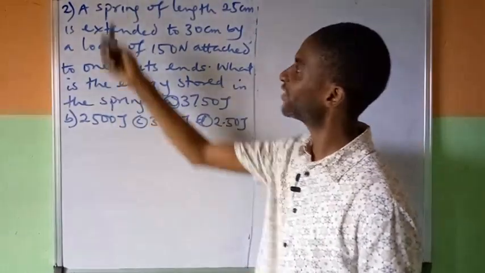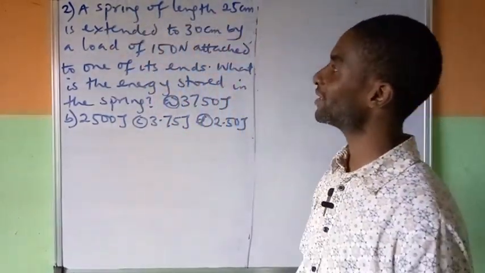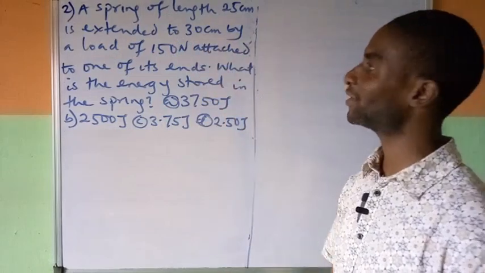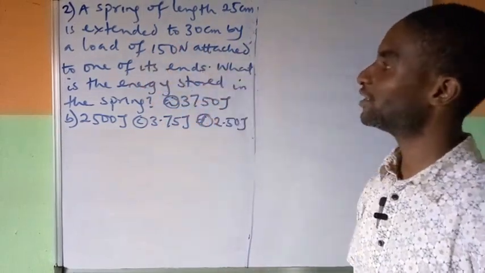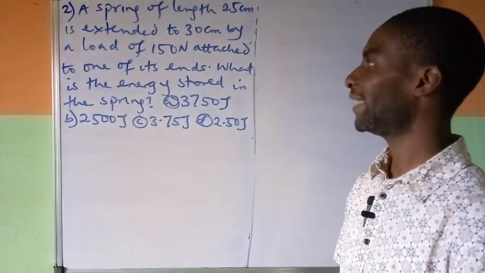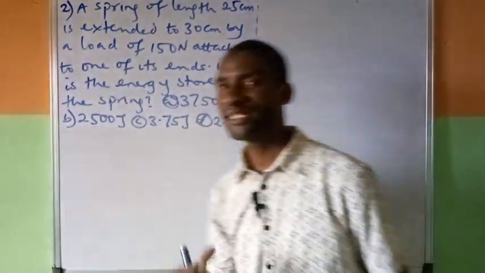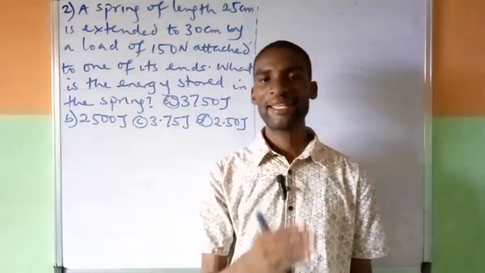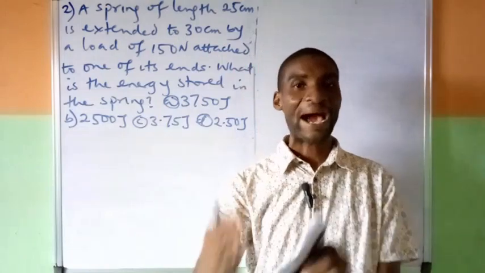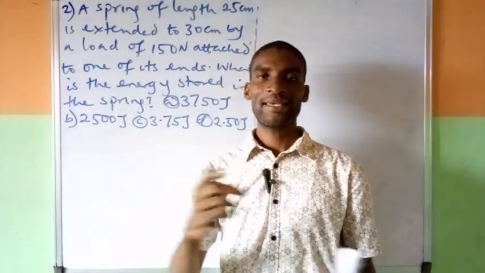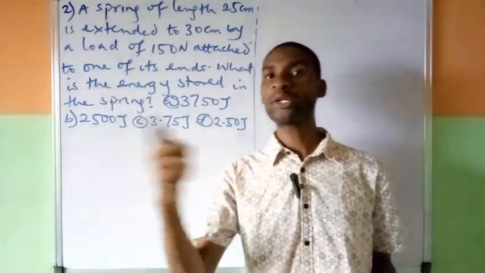Another example. A spring of length 25 centimeters is extended to 30 centimeters by a load of 150 newtons attached to one of its ends. What is the energy stored in the spring? Take note of this. There is a difference between a length that is extended by this and a length that is extended to this.